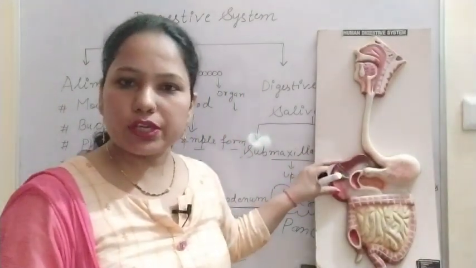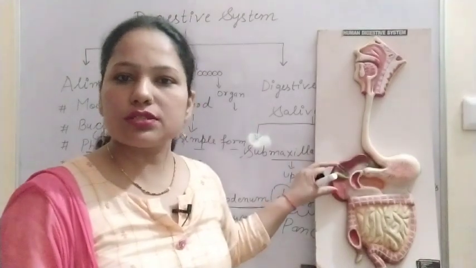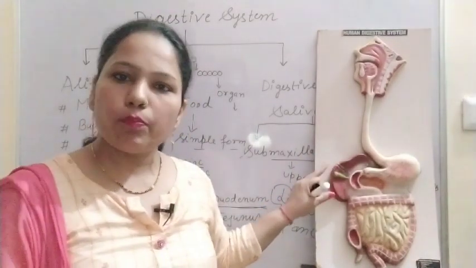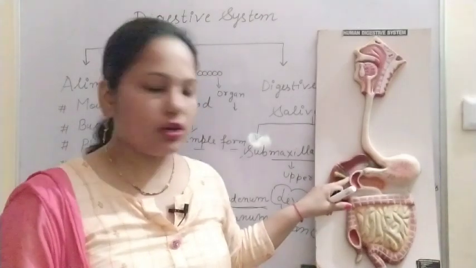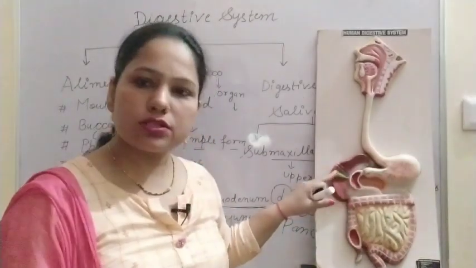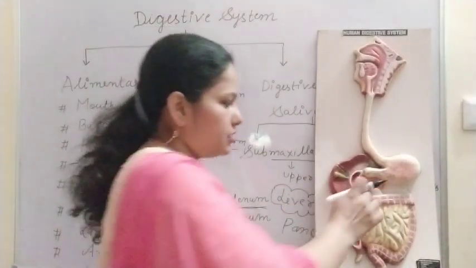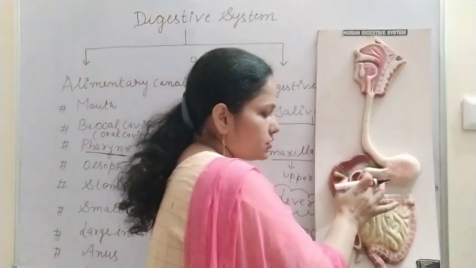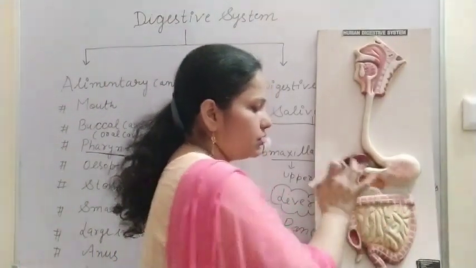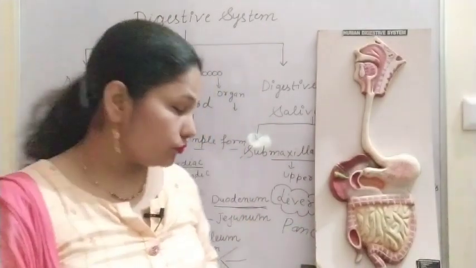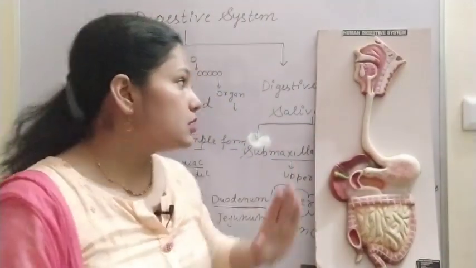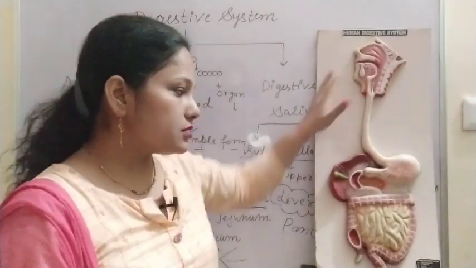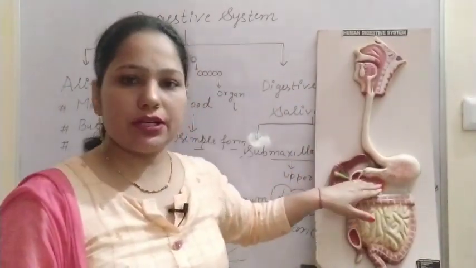The digestive juice secreted by the liver is known as bile juice, but it is stored in a sac-like structure. This sac-like structure is the gallbladder. And here you can see this leaf-like structure, that is the pancreas. So the three main digestive glands are the salivary glands, liver, and pancreas.